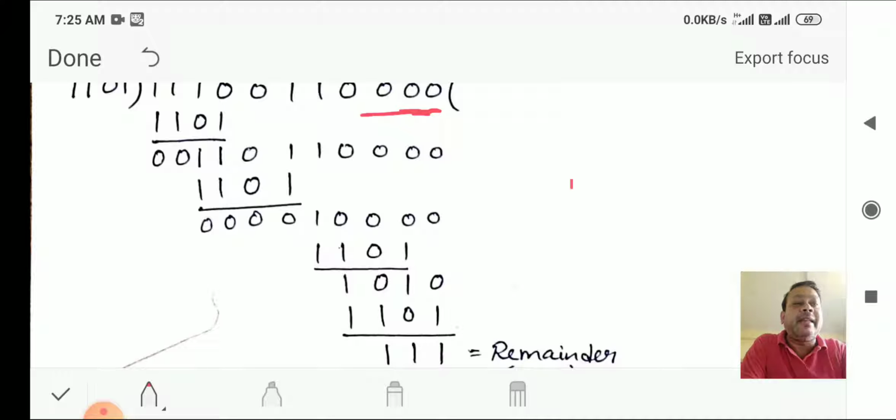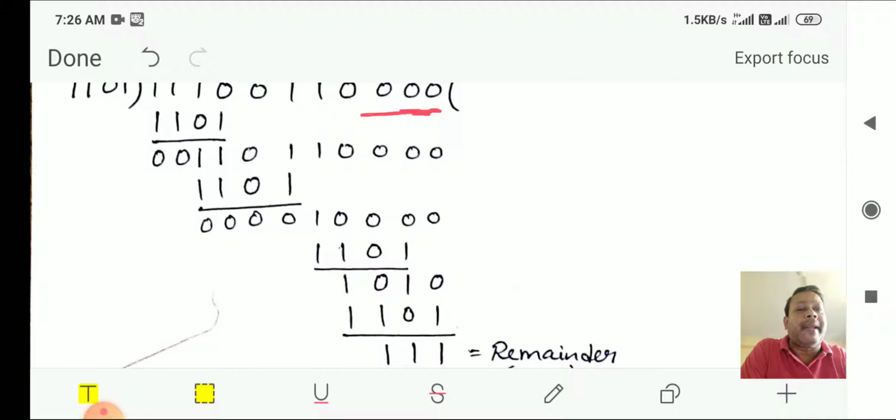These 3 bits are one bit less than the generator we are going to take. Since the generator is 4 bits, we consider 3 bits, that is 4 minus 1. These 3 bits are embedded along with the data, and then we take modulo 2 division. We divide that number, and ultimately we get the remainder. Clear?